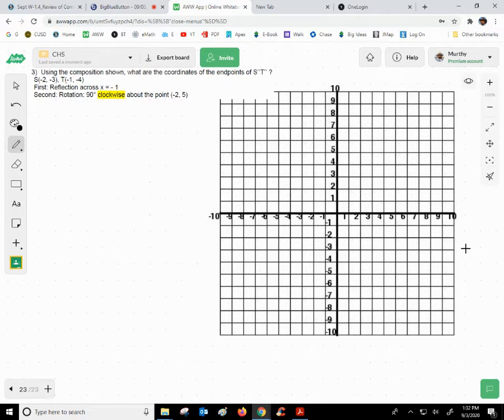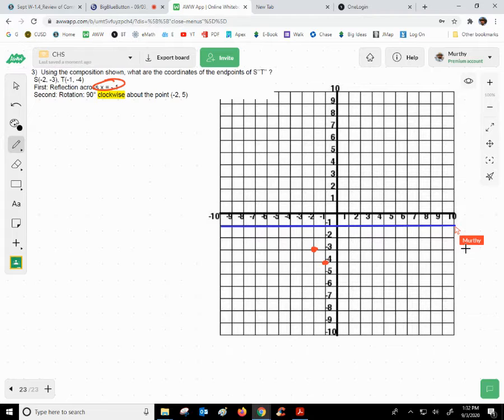Suppose this is a question: S is (-2, 3) and T is (-1, -4). Two points are given. It is reflected in x equals -1, so x equals -1 is here.